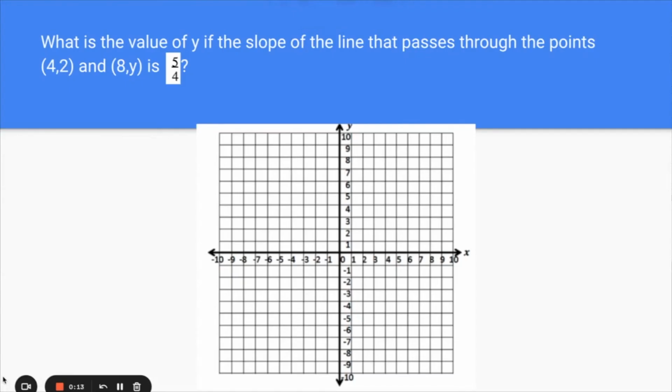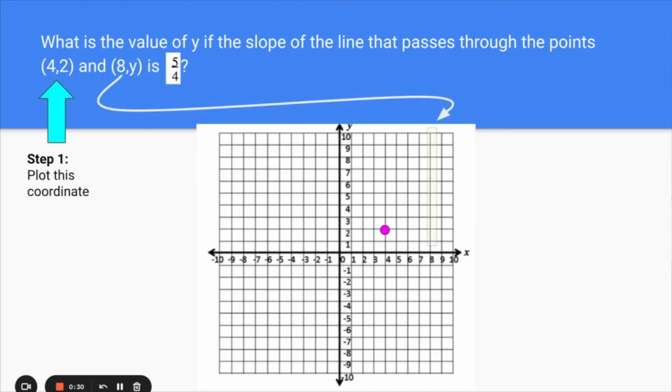You can also find the missing coordinate graphically. So we're going to do the same example, and we want to find the y value for these coordinates with a slope of 5/4. So the first step is to plot the given coordinates. So I'm going to plot (4, 2). My other coordinate is on 8 for x and some value for y.